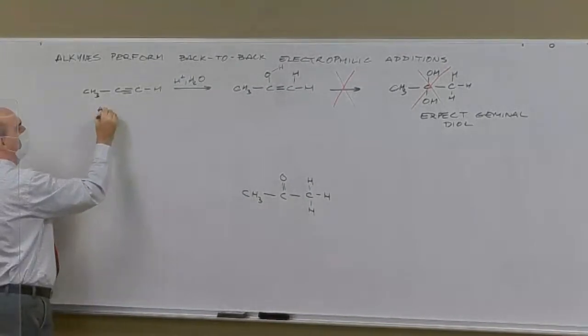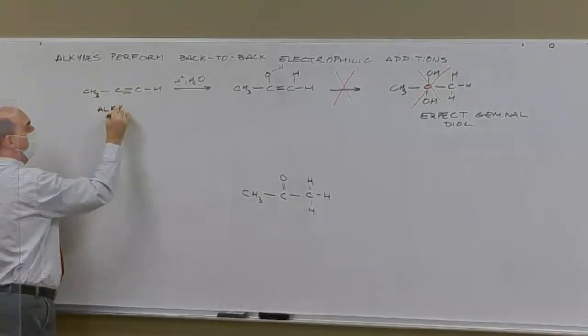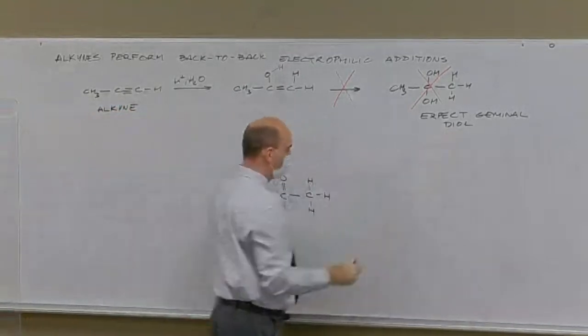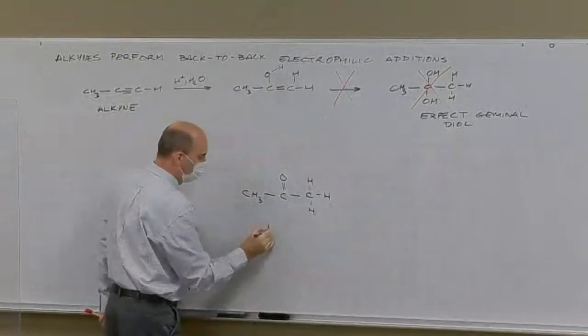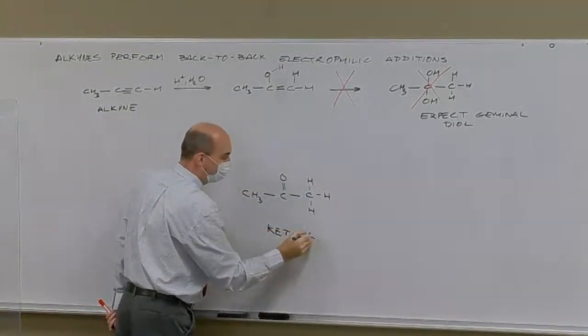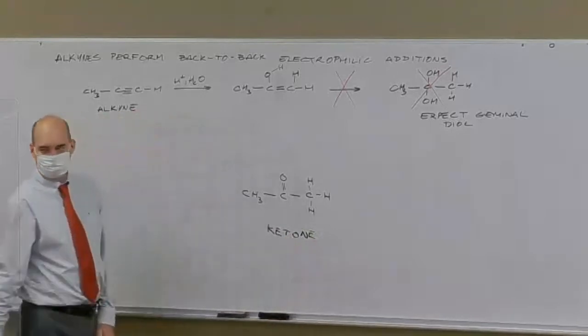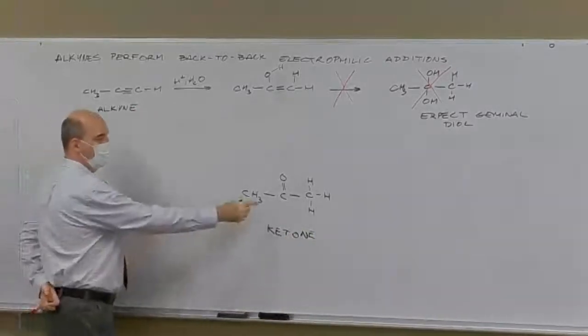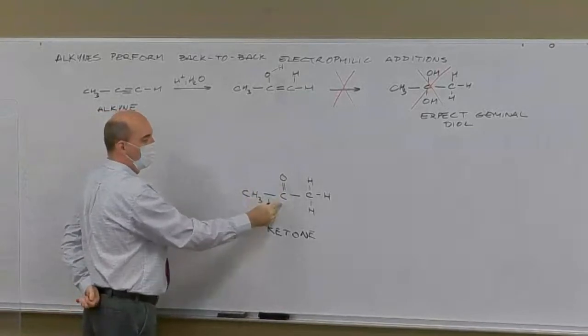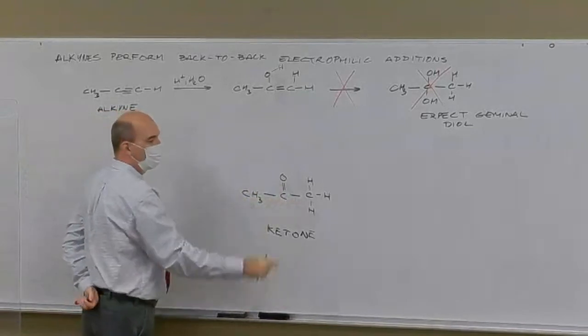This is an alkyne. We were expecting a diol, but instead we got a ketone. Ketone is a carbonyl, a carbon to oxygen double bond with carbons on both sides.